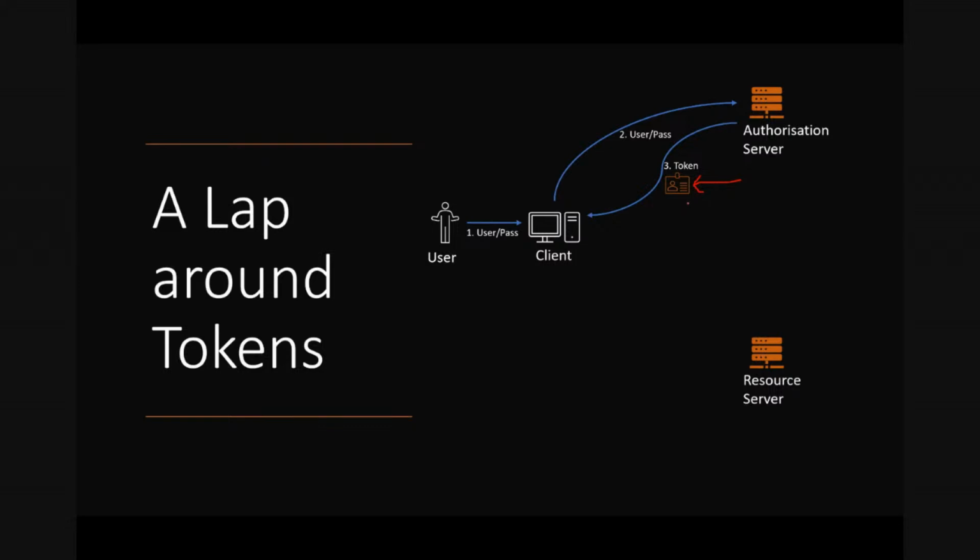The language that they use in this domain is something called claims, so your token has a series of information in here, header information, but it also has things like claims, and claims are really, simplistically, a name value property bag.